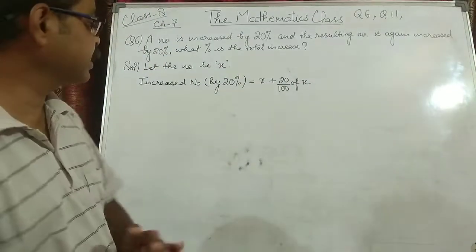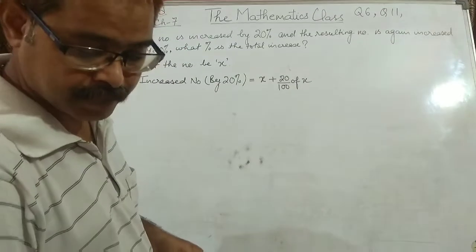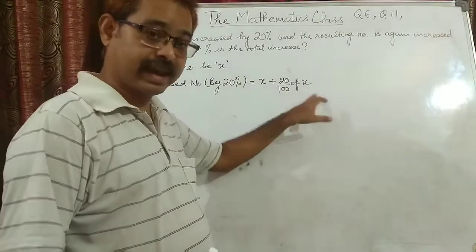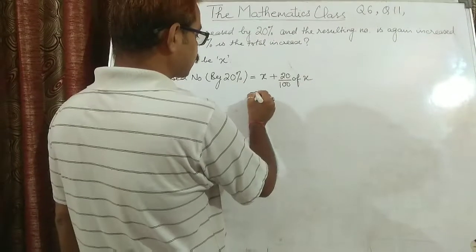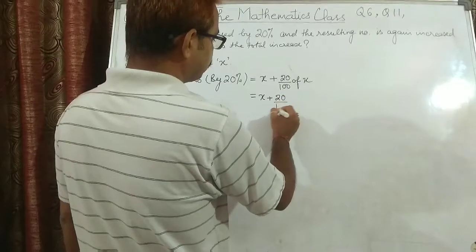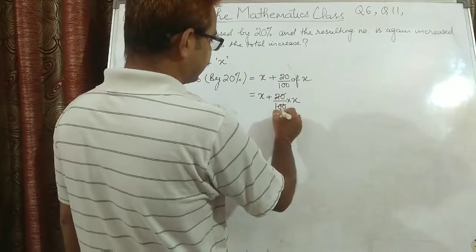How much has been increased? The number has been increased by 20%, means 20% of x, of the original number. So when you solve, it will be x plus 20 upon 100 into x. So 25 is 100.